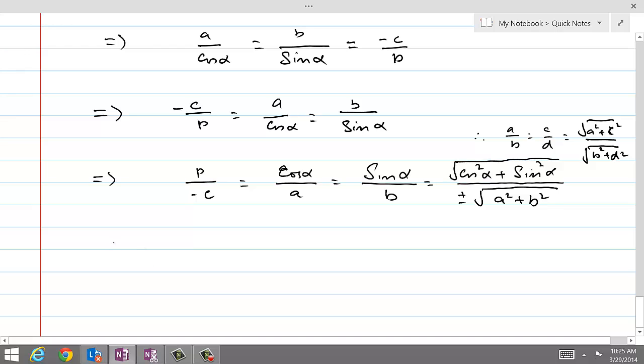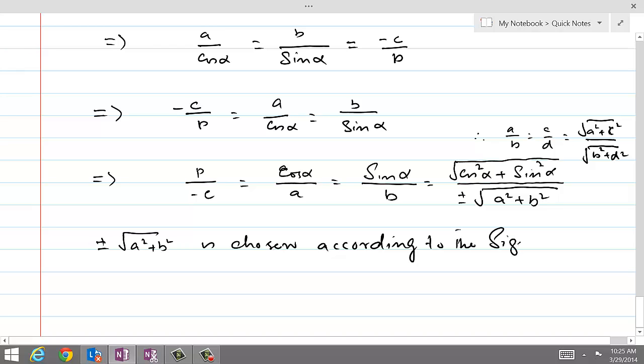So here plus or minus of the square root of a square plus b square is chosen according to the sign of c. If c is positive, we take plus the square root of a square plus b square. If c is negative, then we take minus the square root of a square plus b square.